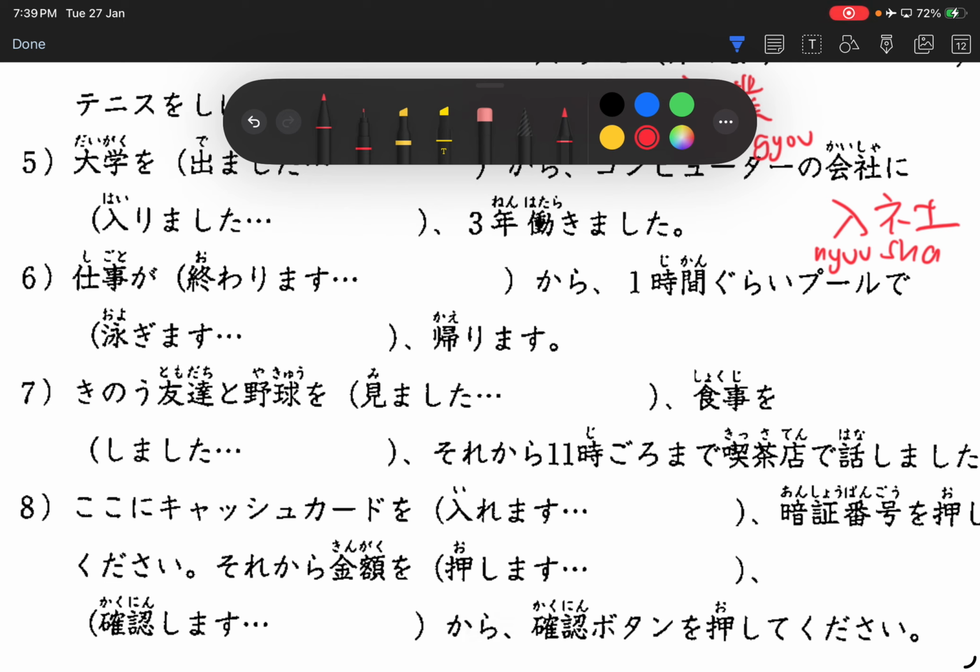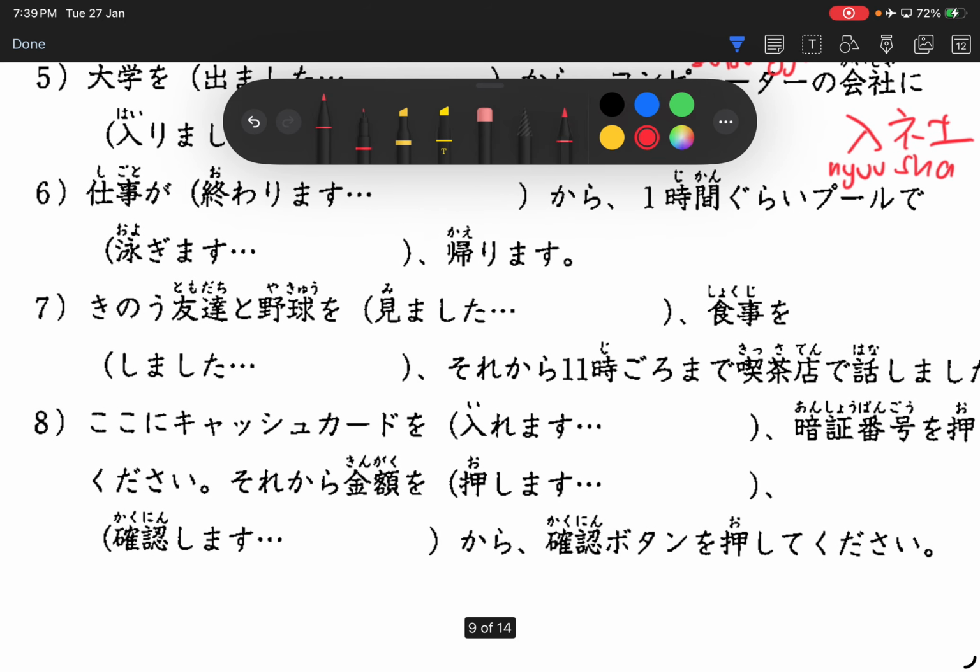Yes, Jasmine. 仕事が終わってから、1時間ぐらいプールで泳いで帰ります. Very good. So 終わって, right? Group 1. 終わって, 泳ぎます also Group 1, 泳いで. Right? 終わってから泳いで帰ります. Very good. Today your pronunciation all very good. Intonation also very good. Everybody.